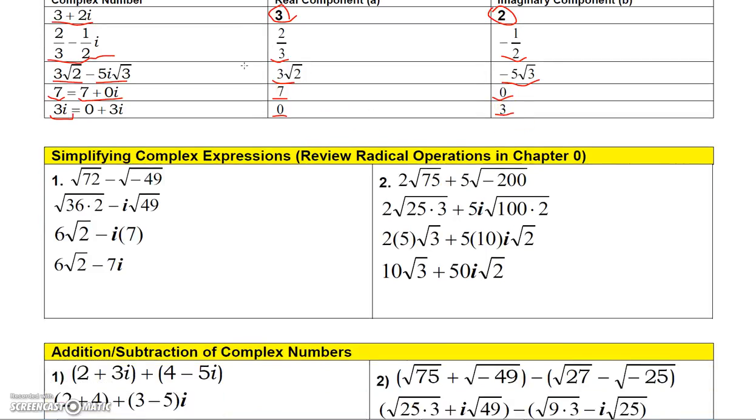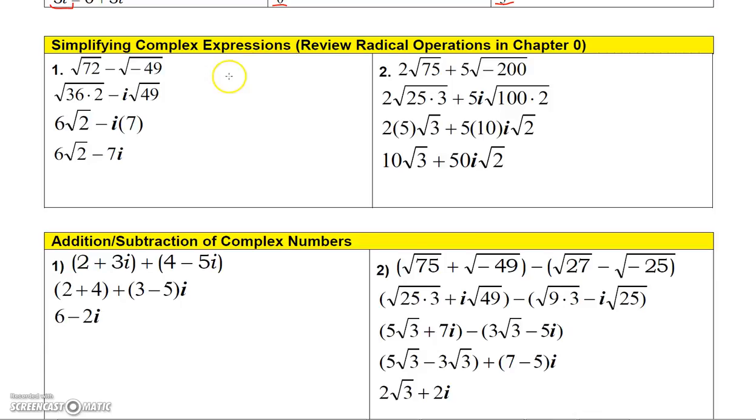Now, let's first talk about simplifying complex expressions. Let's say we have the square root of 72 minus the square root of -49. Again, I'm going to assume you remember how to simplify radicals. The square root of 72 can be written as the square root of 36 times 2, and the square root of 36 is 6, so that's just 6 square root of 2.